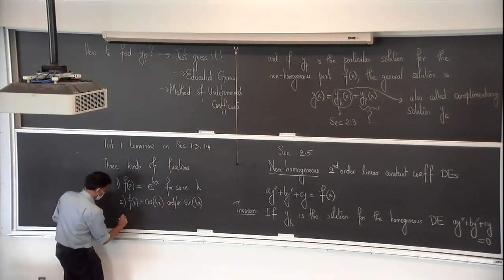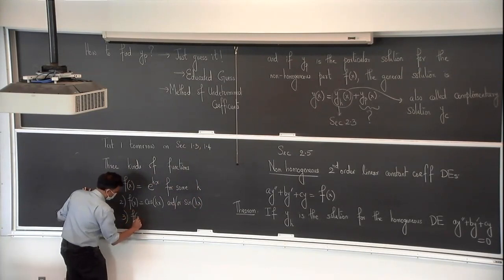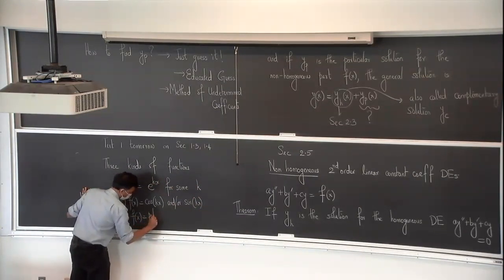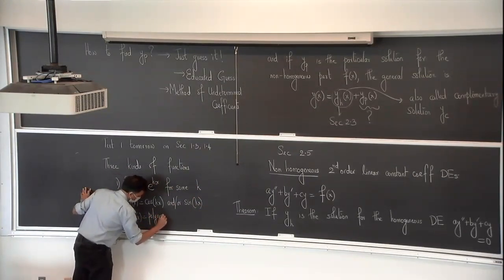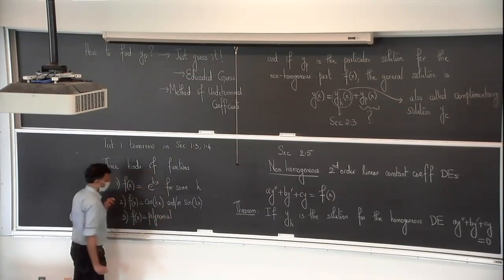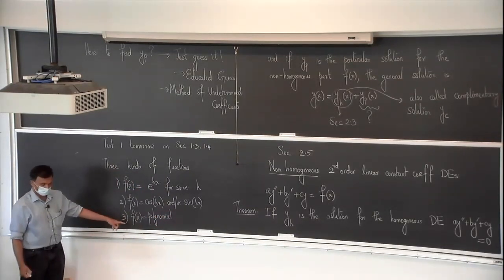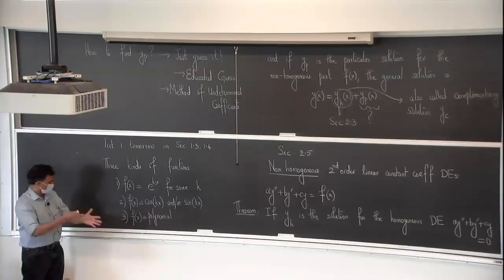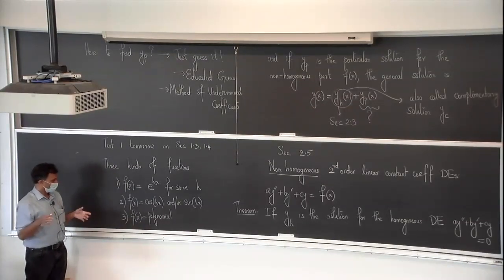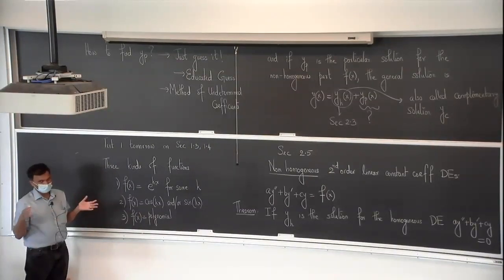And the third one is if f of x is a polynomial of some degree. All of you hopefully know what a polynomial means. It's just the sum of terms where the exponent should be a positive integer, right?